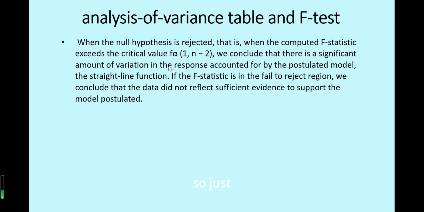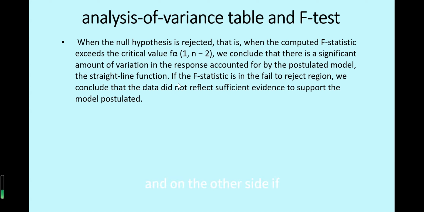So we have this F value. If the computed F statistic exceeds the critical value of the F distribution with 1 and n minus 2 degrees of freedom, then we conclude that there is a significant amount of variation in the response accounted for by the postulated model. This model is the regression line.